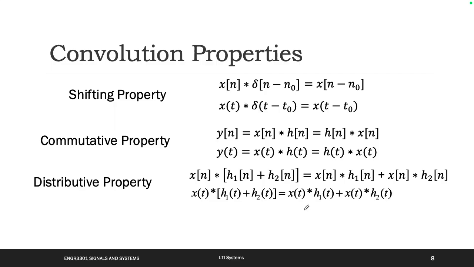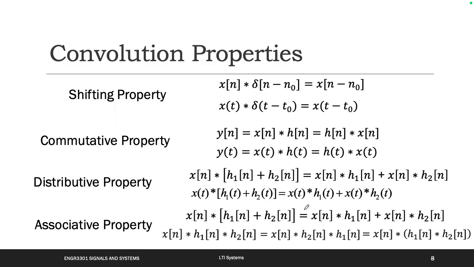And the next one is the associative property, which means you can change the grouping. Those properties are very important for us to understand and to compute in chapter 3.